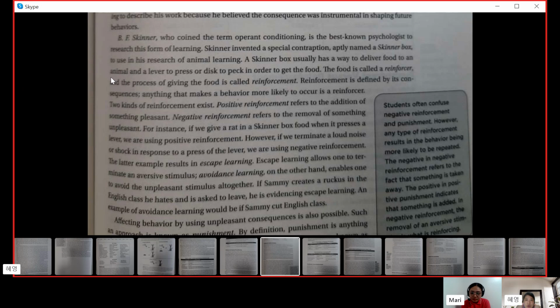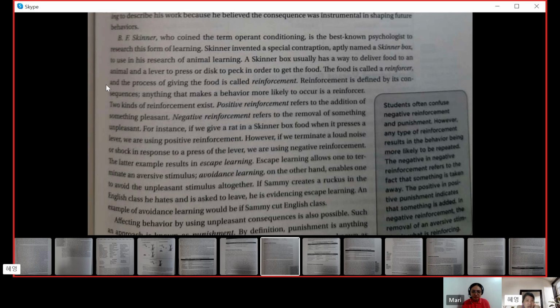The food is called a reinforcer, and the process of giving the food is called reinforcement. So reinforcement is defined by its consequences.